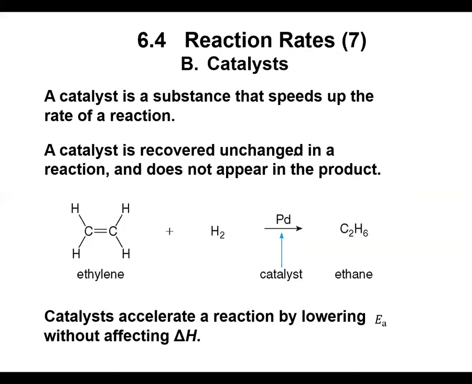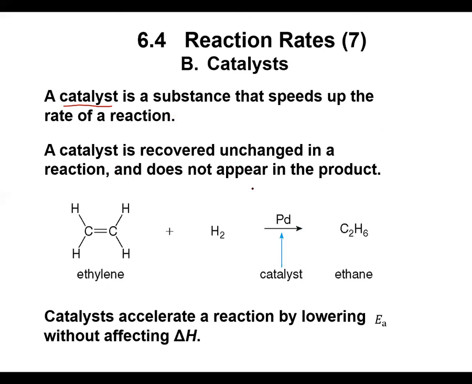Another very common way that you can speed up a reaction, you technically could also lower it this way as well, but in most cases, when people talk about a catalyst, it is basically a substance that will speed up a reaction.